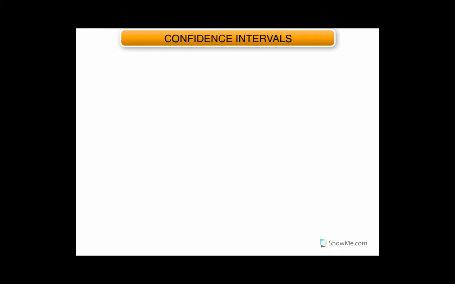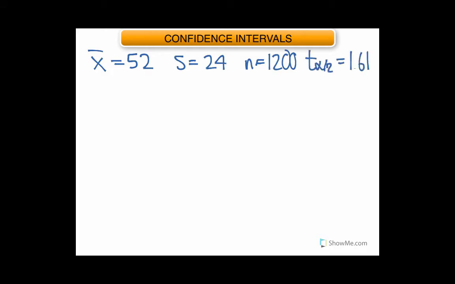So really quick, I'll rewrite the numbers we had. X bar is 52, S was 24, n was 1,200, and our critical t was 1.646. Like I said, it may be helpful to calculate margin of error first.